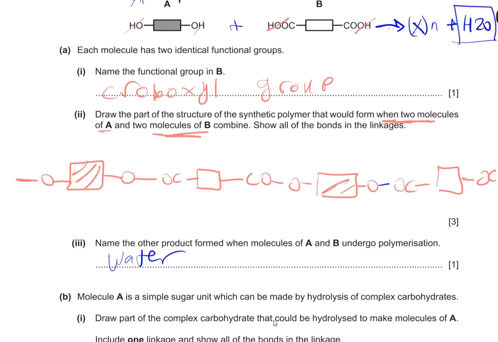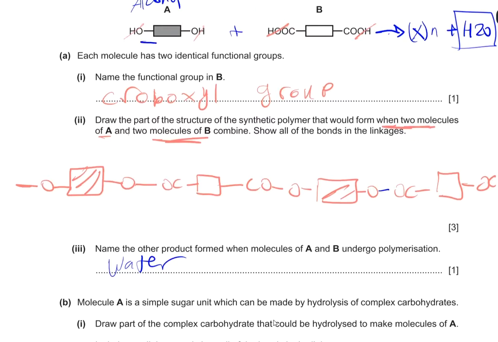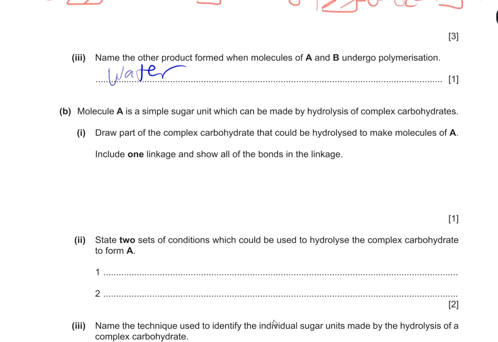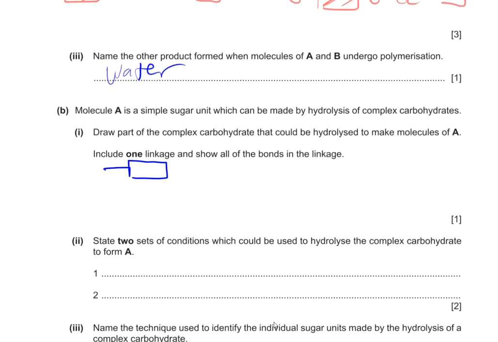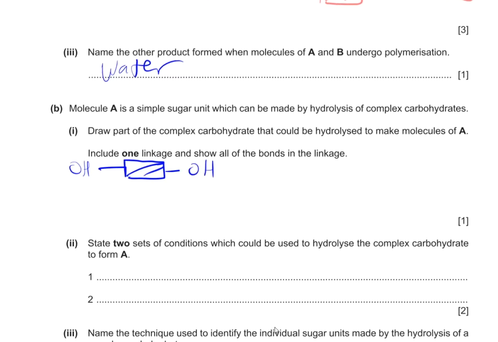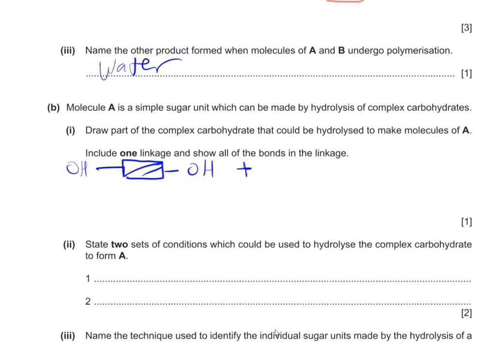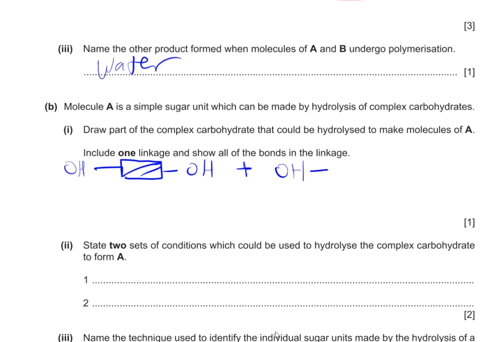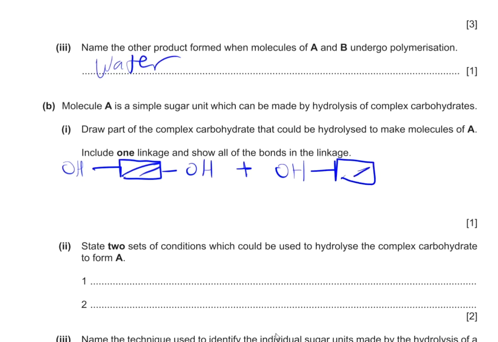So for this reaction, we're gonna double up this part with removing OH from one monomer and H from the other one. So let's draw it. Let's draw the two monomers we're gonna use. So we would have OH here and OH here, and that is plus another molecule, similar molecule.